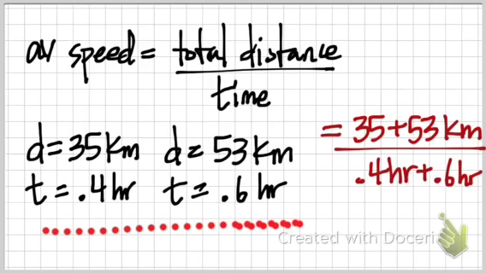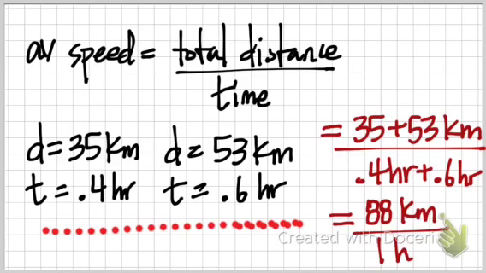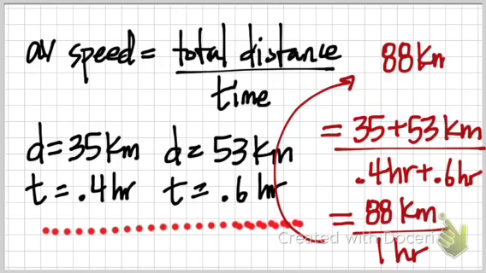So when I add that together, my 35 plus 53, if my math is correct, should be 88 kilometers, and 0.4 plus 0.6 is going to be 1 hour. So that's going to give me a total of 88 kilometers per hour.